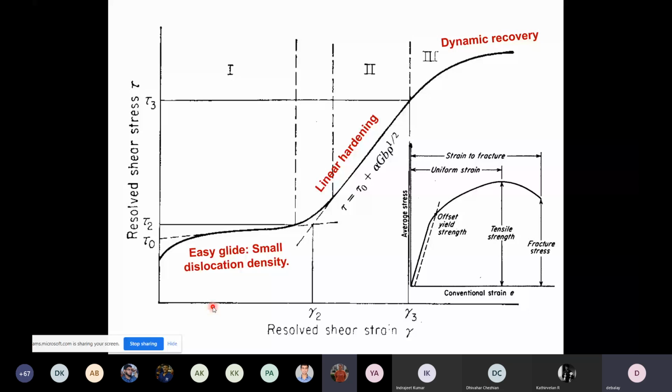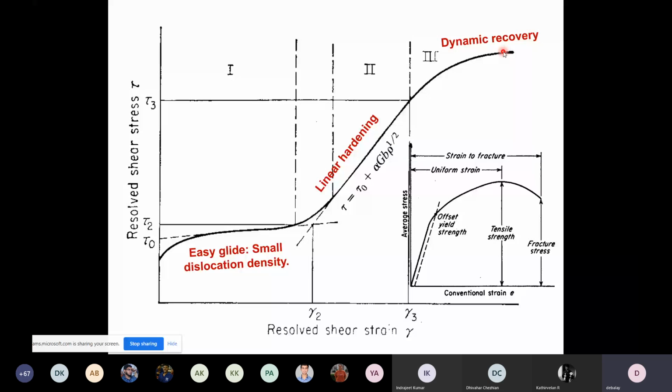And there are 3 stages. Easy glide. Initially, when the dislocation density is small, glide is very easy. Linear hardening. You see, it is proportional to the dislocation density, rho to the power half. And then dynamic recovery. Easy glide, linear hardening, dynamic recovery.